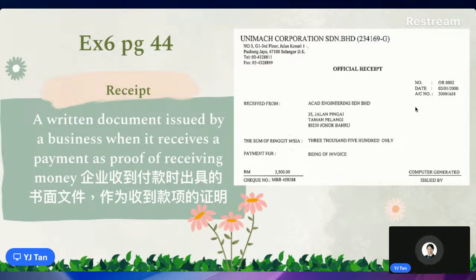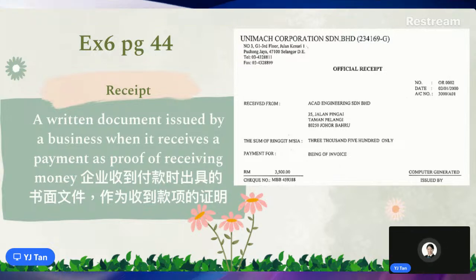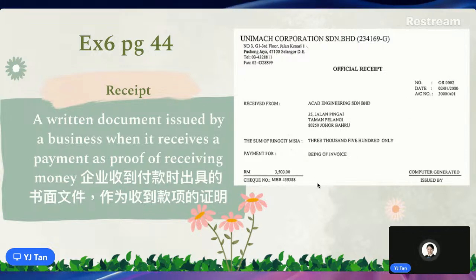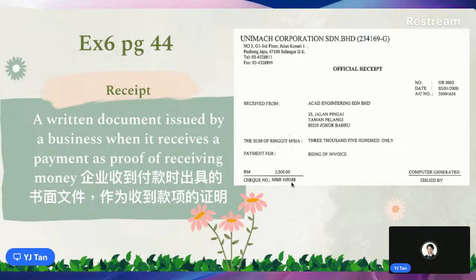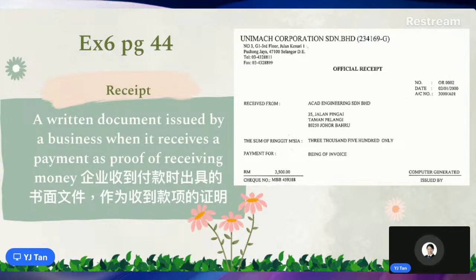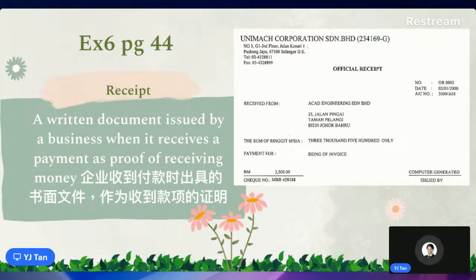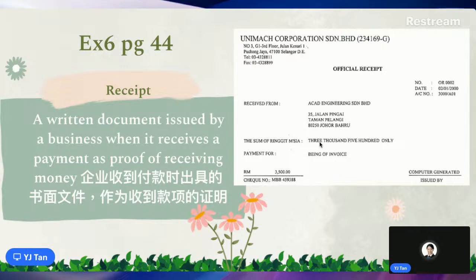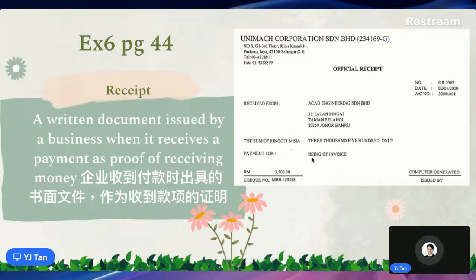In this particular sample, Unimatch received a sum of money, which is 3,500. Can you see that there is a check number, NBB 459388? So this receipt indicates the check number and is issued to ACAT Engineering, with the payment being for an invoice.